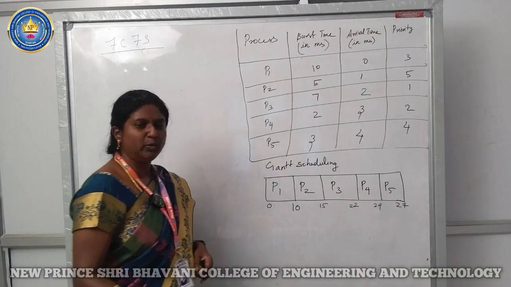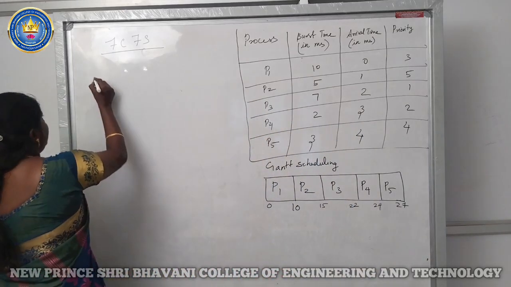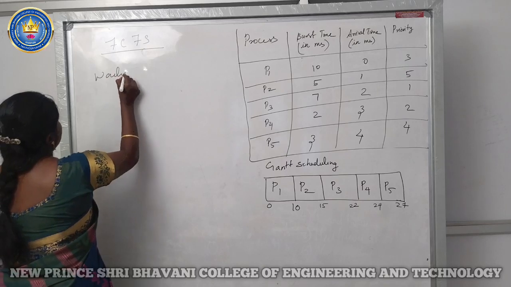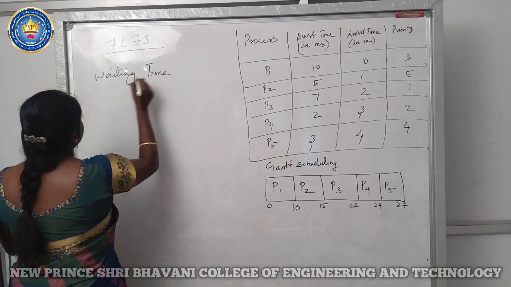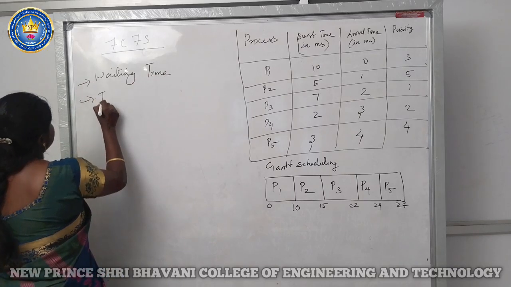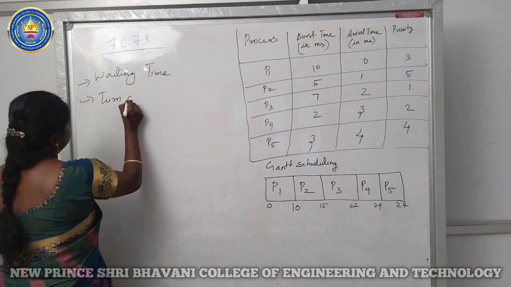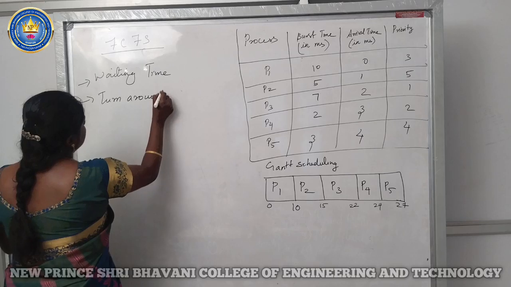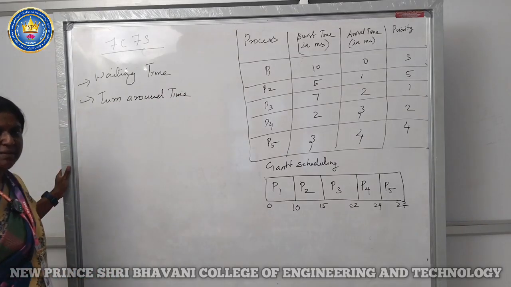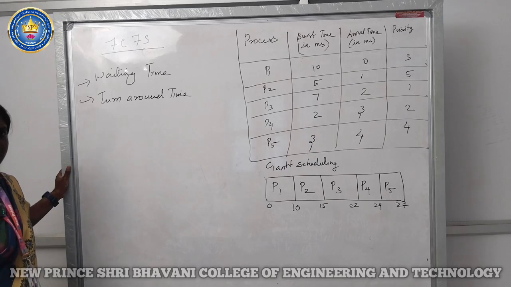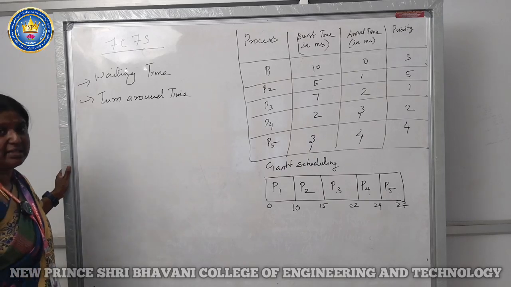And then we have to calculate the waiting time and turnaround time for each process. We already saw the turnaround time, so now I'm explaining the waiting time. Waiting time is the time spent in the ready queue before being allocated the CPU.